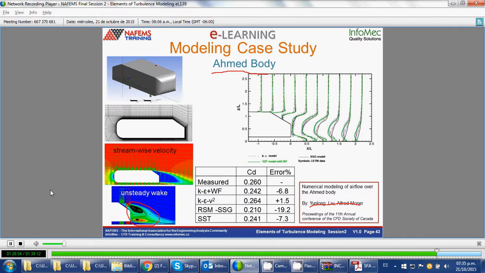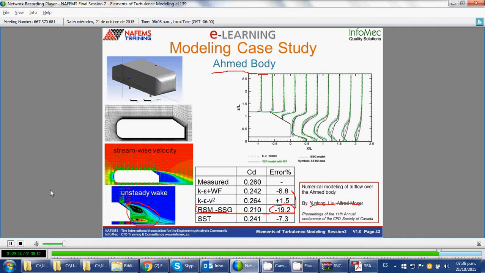These guys looked at different K epsilon and RSM methods and SST model, and they looked at it against the experiment, and you could see that the RSM model, with even 7 additional equations and more complexity, didn't do so well for this type of problem, whereas using a wall function did much better than that.